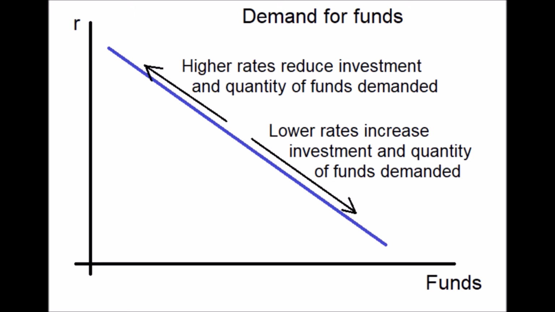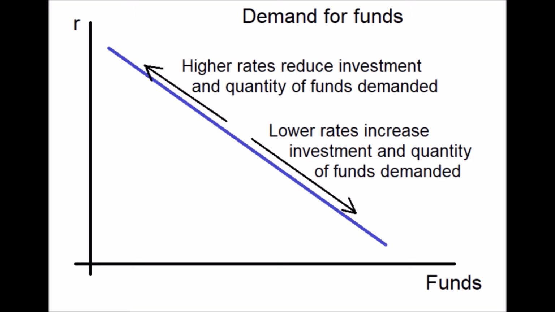If expected profits change, then this whole curve, the demand for funds, would shift. Greater expected profits would make investments more attractive. A lot of firms would want to make those investments, so they would require more funds. They would demand more funds at whatever rate they can get them.